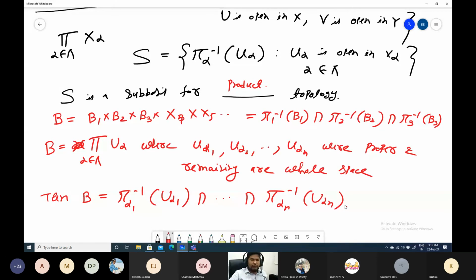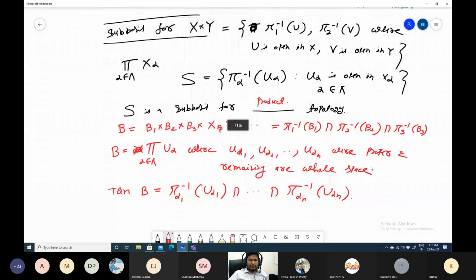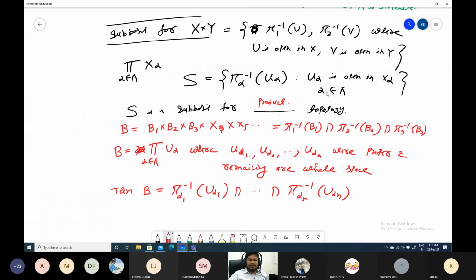Remember that. Now if you need a subbasis by this kind of projection map, you cannot give a subbasis for the box topology, but this S will be a subbasis for the product topology.